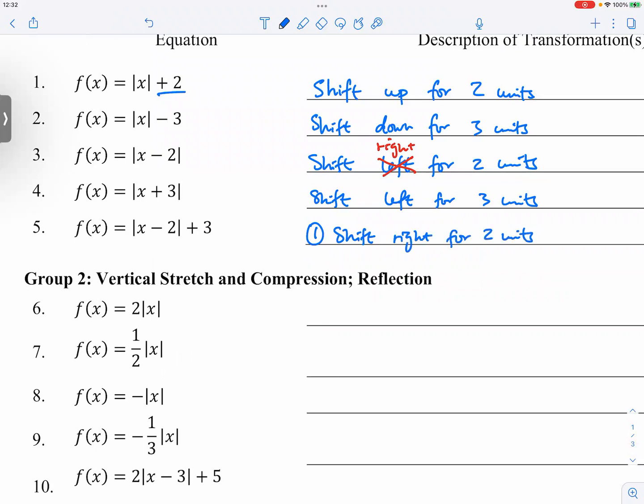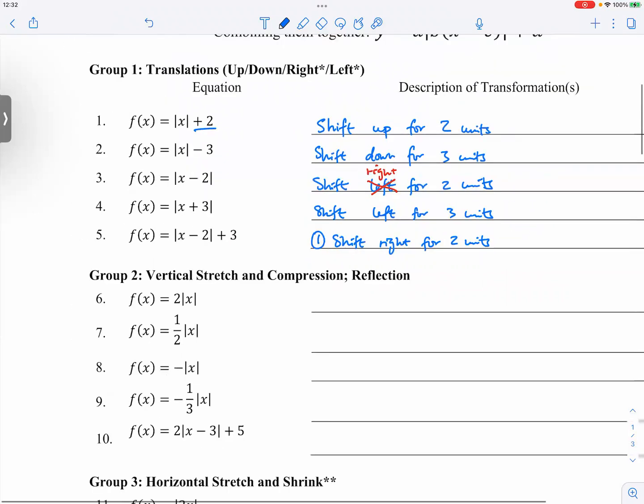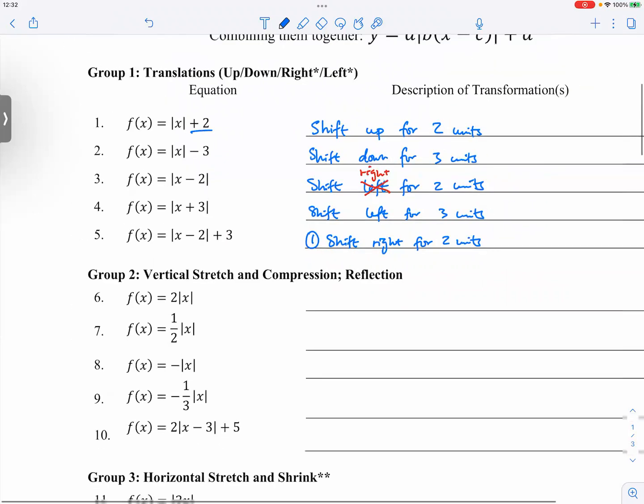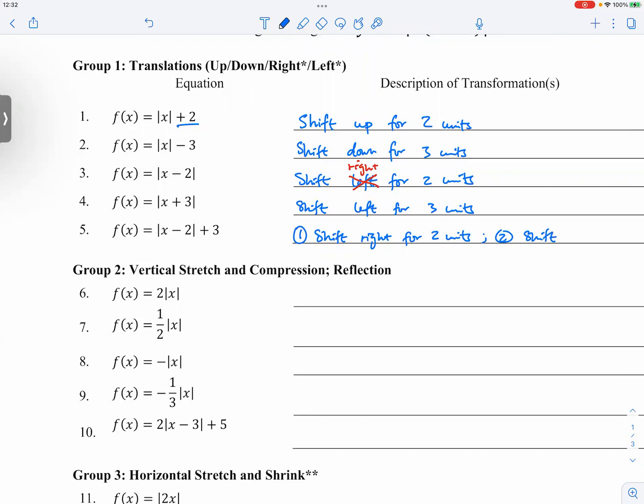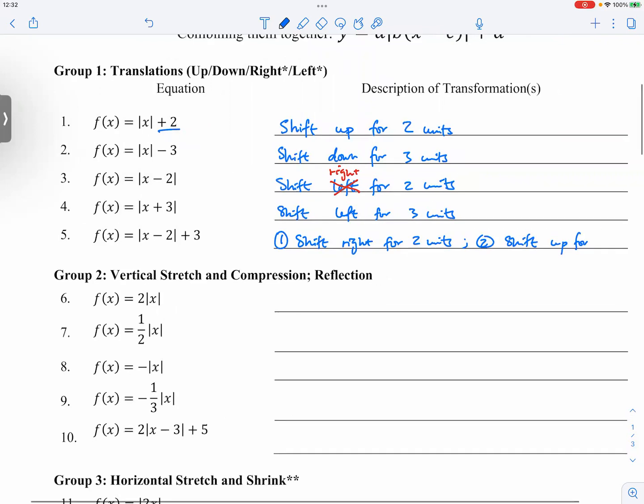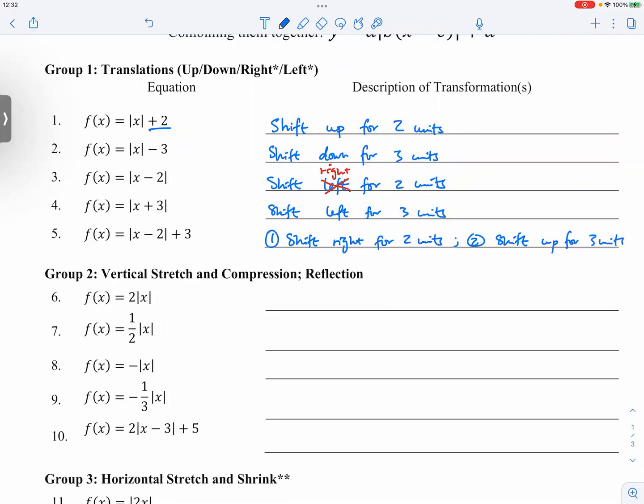That's first. Okay. Now, how do you know which one's first? Okay, the one that's closest to x, it's always first, and then you work your way out. That's a very good guidance. Okay, and then number 2 transformation would be shifting up for 3 units.